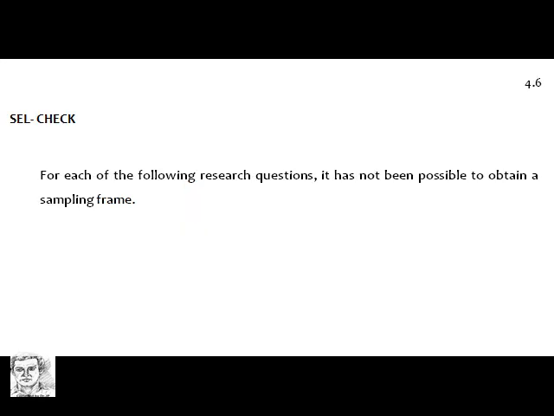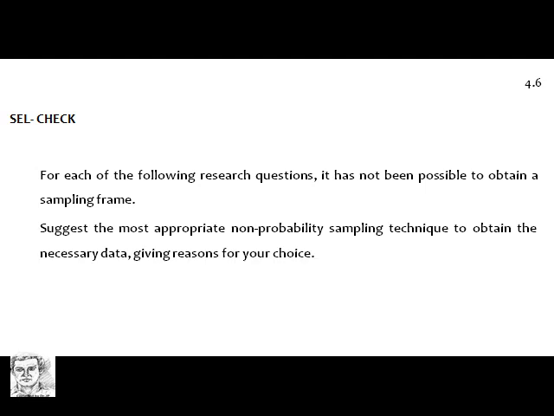For each of the following research questions, it has not been possible to obtain a sampling frame. Suggest the most appropriate non-probability sampling technique to obtain the necessary data, giving reasons for your choice. What can social services provide to homeless people?